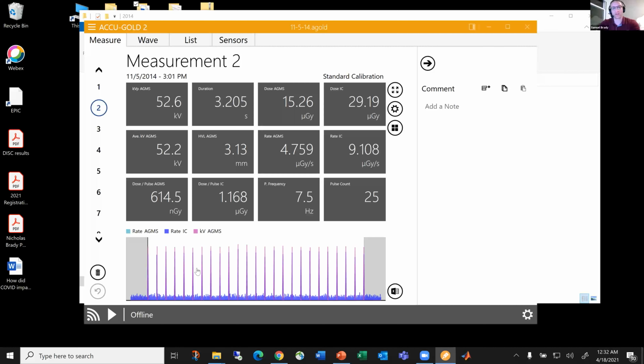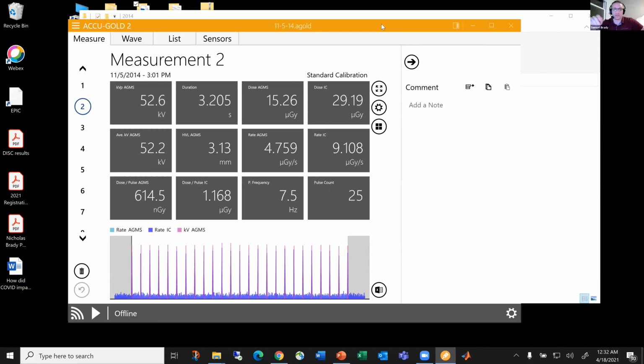You can go in, and if it says continuous and you don't know if it's true continuous or if it's like 30 frames per second continuous, then what you do is you just put your diode in there. I use a Radcal. You can use PTW; there's a lot of different variety of dosimeters you can buy out there.